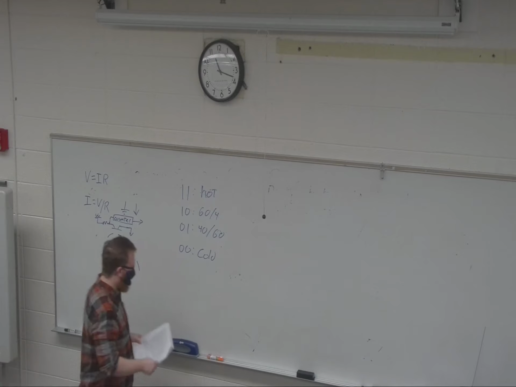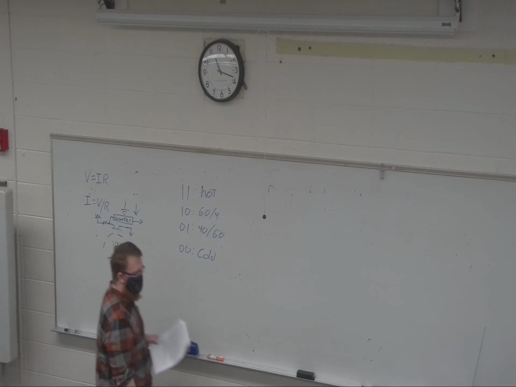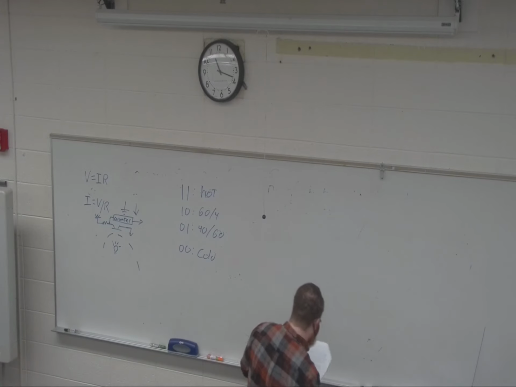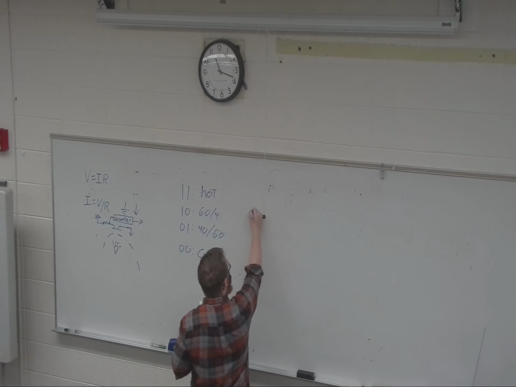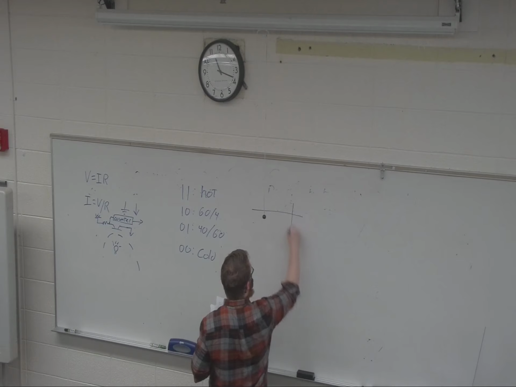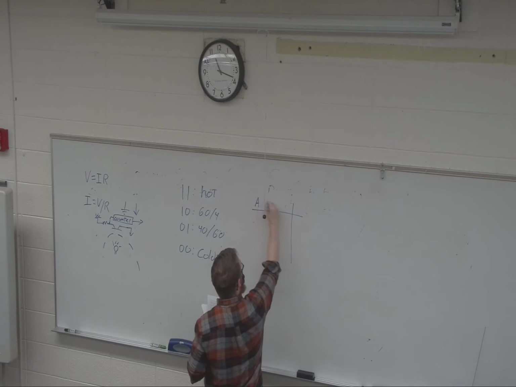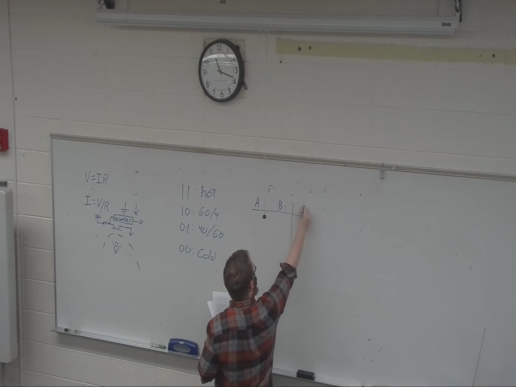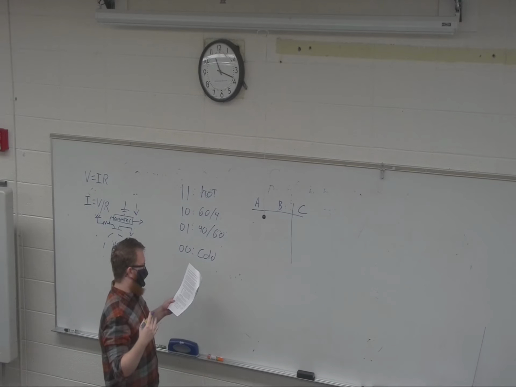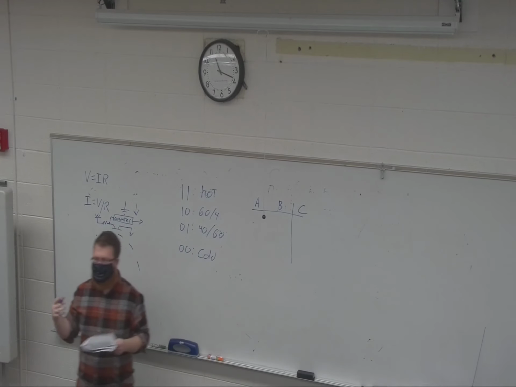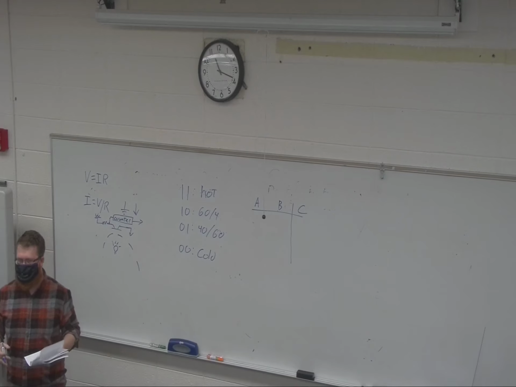So we start getting this idea, which I think I introduced a little bit in passing in a previous lecture, of truth tables. So we have this idea of logical operators.